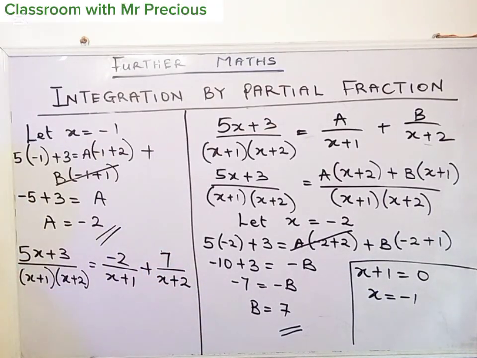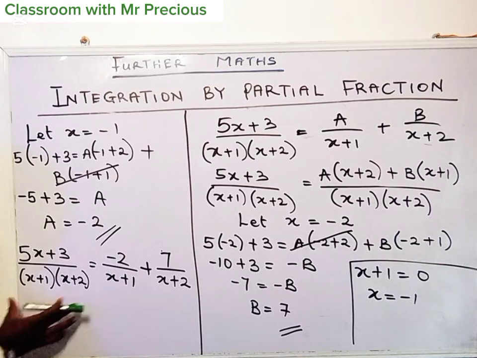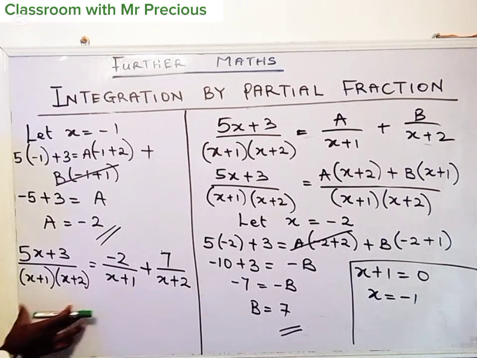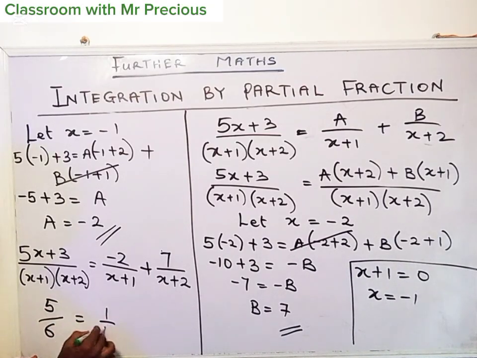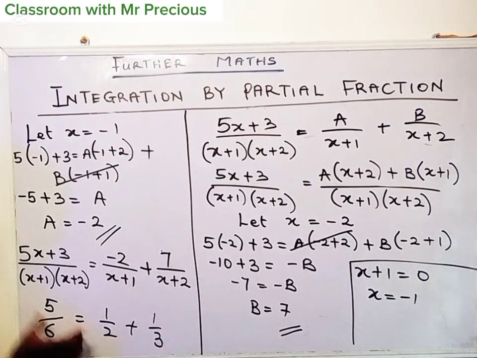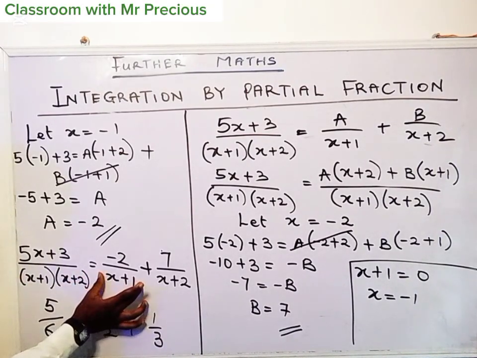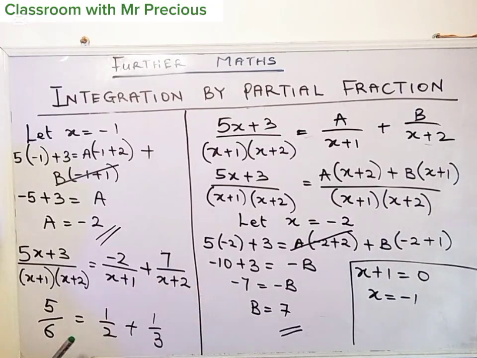So this is how to divide something into partial fractions. So this was like my 5 over 6, and I divided it into two distinct, simpler fractions. So this was my big fraction, this is a simpler fraction, this is a simpler fraction.